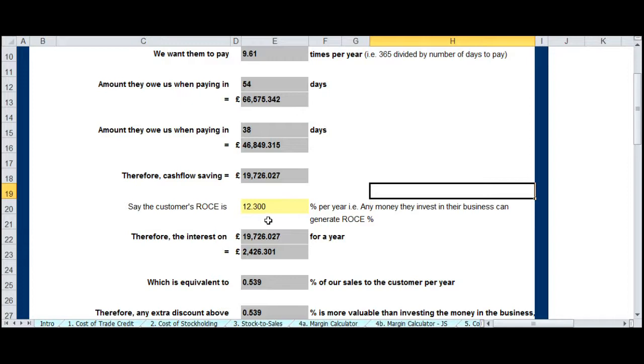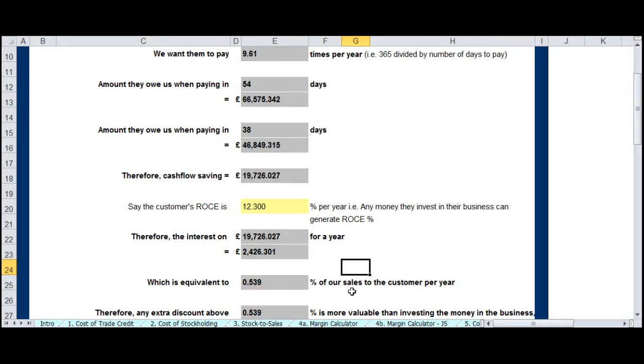Okay, we need to calculate a figure that would be slightly better than that. So the interest on 19,726 at 12.3% is £2,426. Okay, which as a percentage of our sales of 450 comes out at basically 0.539%.